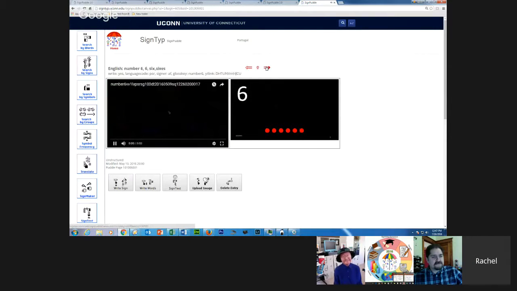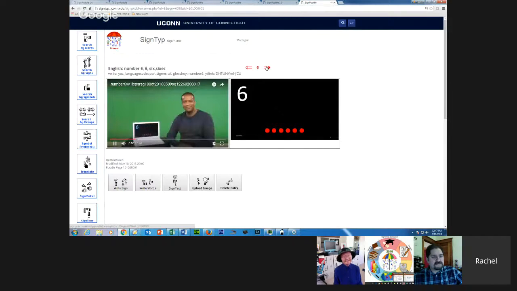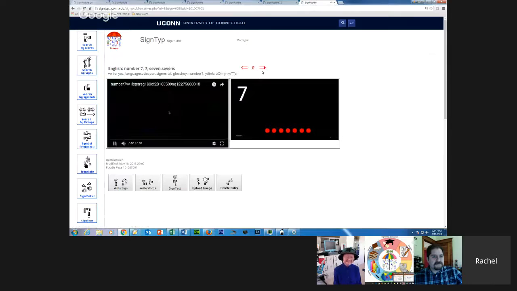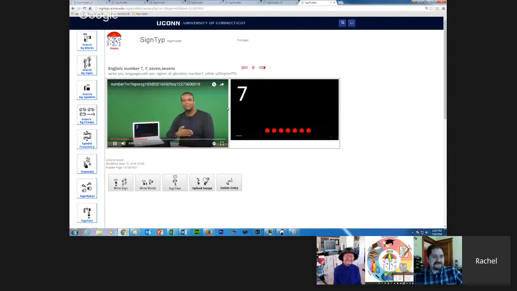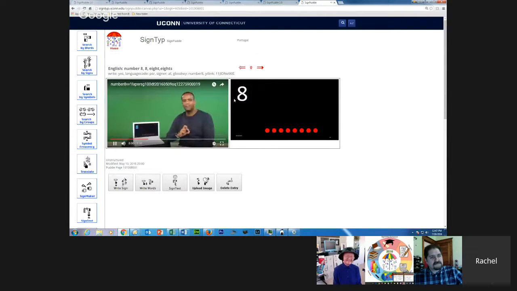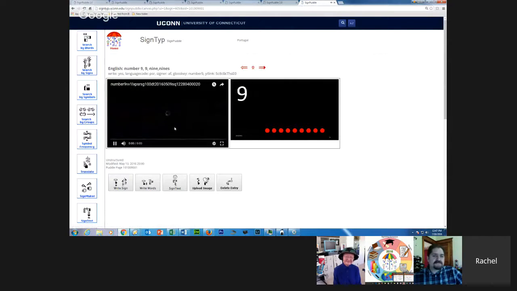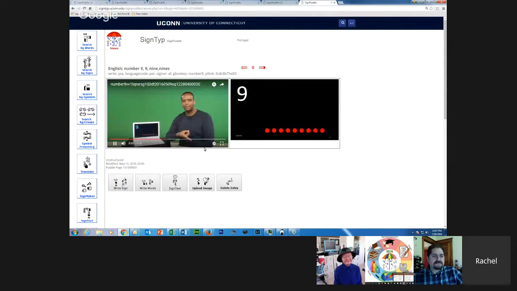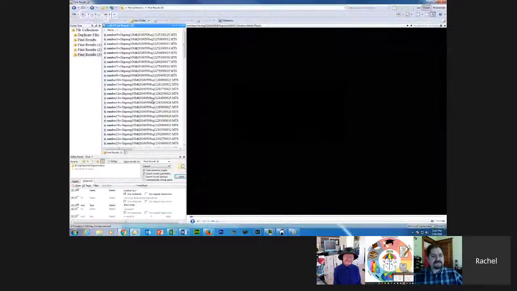And then 6 is absolutely clear. Look at that. It's exactly a 6. 7 is a 7 on its side. 8 is a very clear graphic representation. And 9, another graphic representation. So the Portuguese is a very unusual number system, in my opinion.